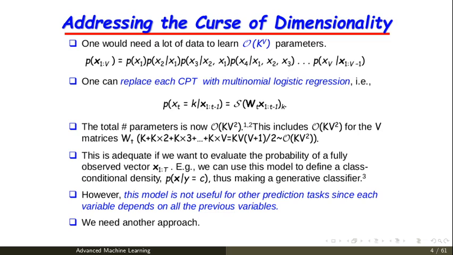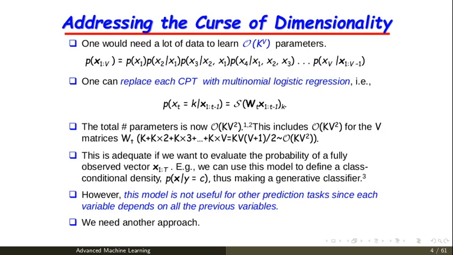Now, those who study machine learning know that if you have a distribution like that and you want to use it, say in the context of a classification problem, there are a lot of tricks you can do so that you don't have to deal with the complexity of k raised to v. Here is one example.